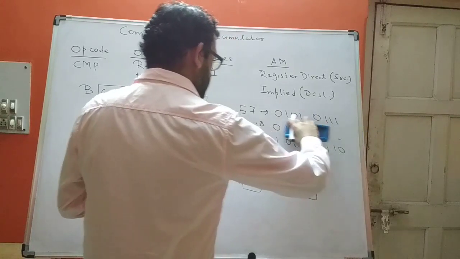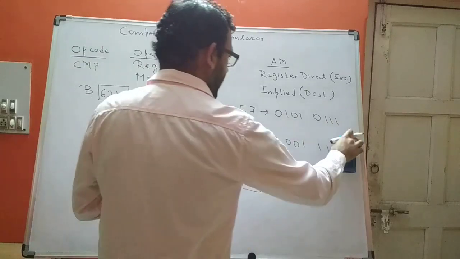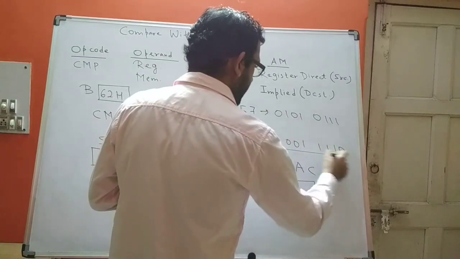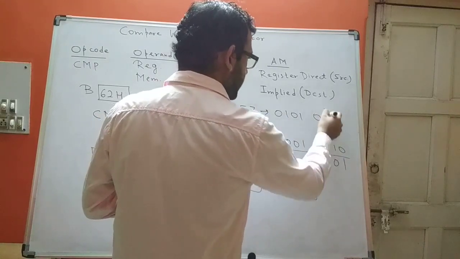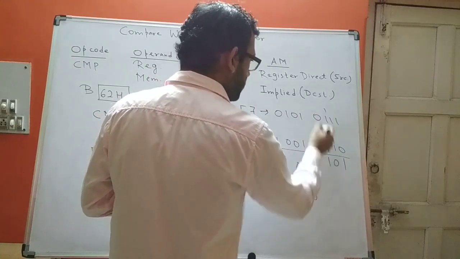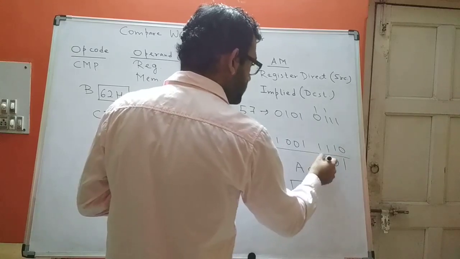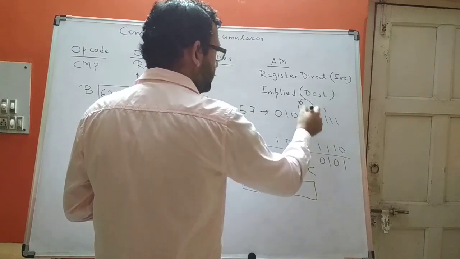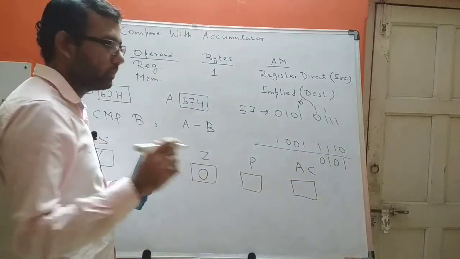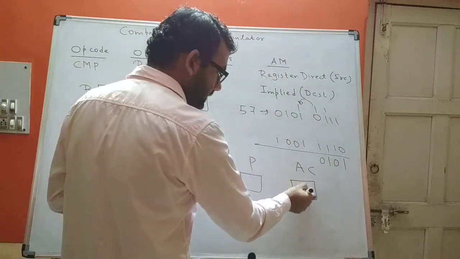Now, I don't need this for now. So I'll be adding these two. 1 plus 1 is 0 with a carry of 1. 1 plus 1 plus 1 is 1 with a carry of 1. 1 plus 1 is 0 with a carry of 1. So carry has been generated from the 4th bit. Since a carry has been generated from the 4th bit, the auxiliary carry flag will be set.